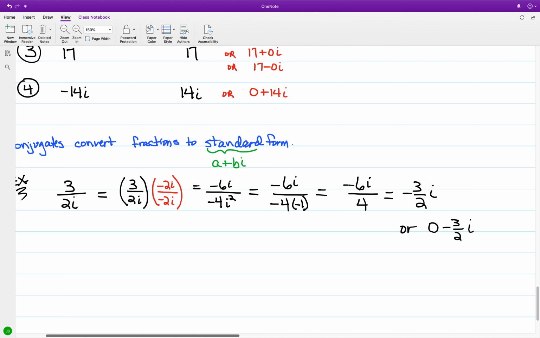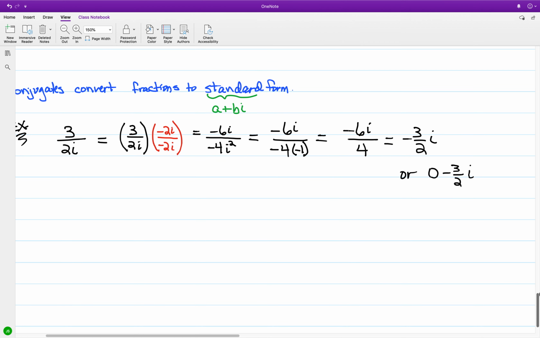Let's say we have another case of reduction, 4 plus 3i all over 3 minus i. Again, I'm going to rewrite this taking the conjugate of the denominator.